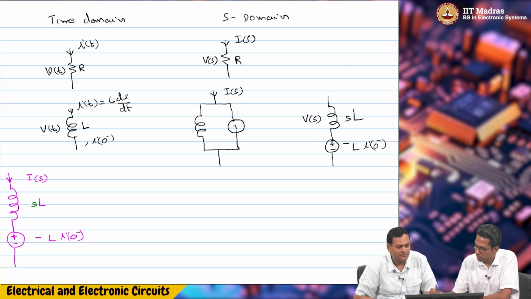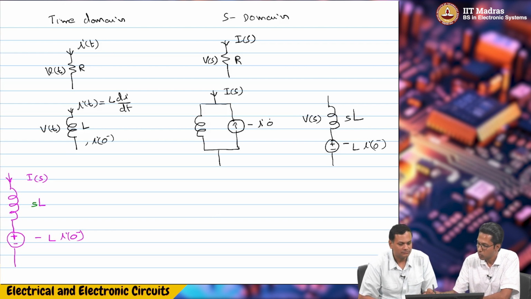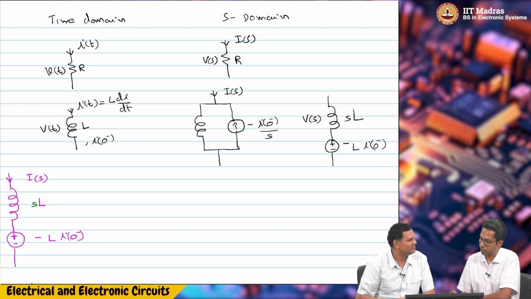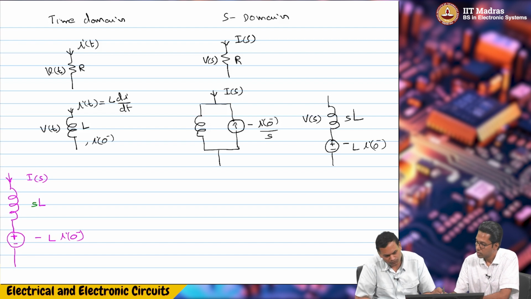So this will be upward: minus L times I of 0 minus divided by SL, so that means I of 0 minus by S, or a downwards current which is I of 0 minus by S. Both are equivalent, and this is SL.